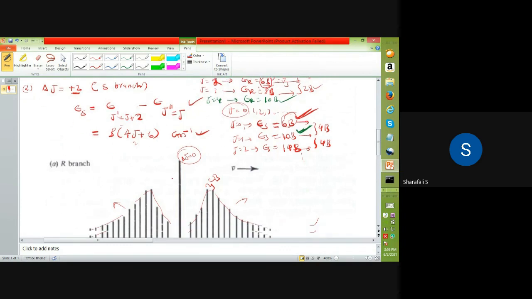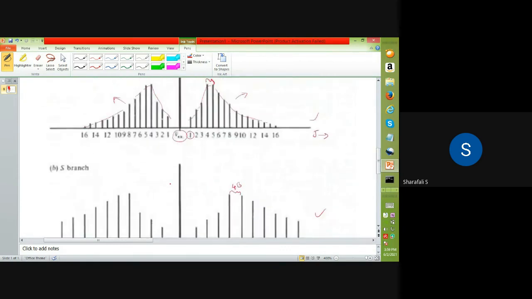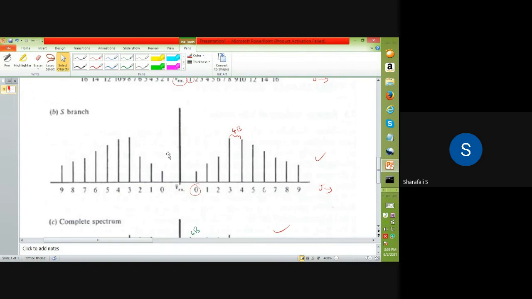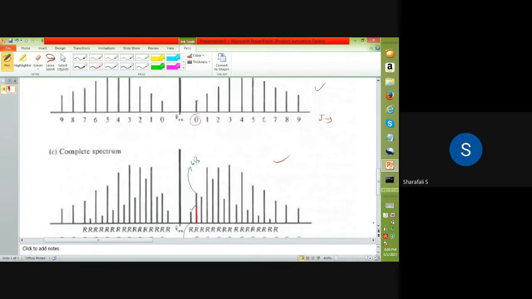So that is the first line in the case of the S branch. So here for the R branch we have intensity only up to this position. For the S branch we have intensity up to this point. So the combined effect of these two intensities will give you a larger intensity, which is higher than what you get at the next J value, which is nothing but the next position, the 8B.